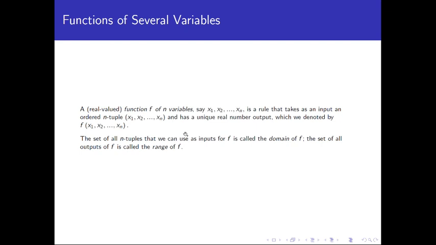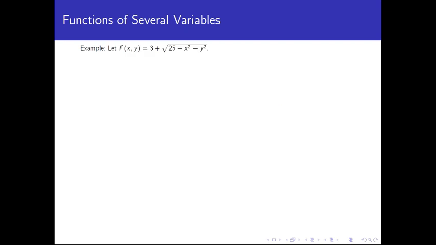So let's do a specific example of a function and look at its domain, its range, and a couple of outputs. Let's look at this function of two variables: f of x, y equals 3 plus the square root of 25 minus x squared minus y squared. Let's plug in a couple of values. When we plug in things here, we plug in a tuple, a number for x and a number for y.